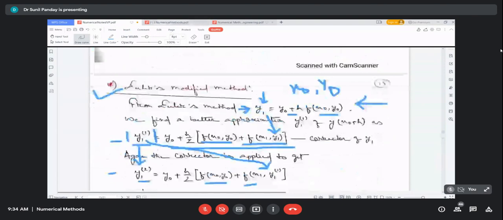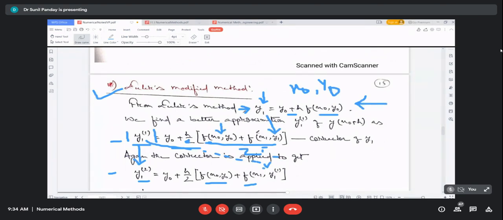So instead of having this 2 here, we can have this 2 in the division, because it is in the division. So this is the mean of these two slopes.